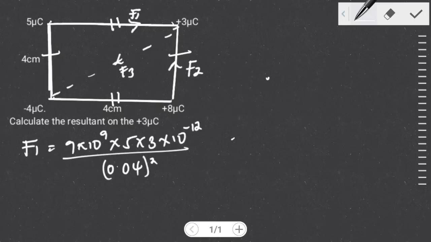So I calculate this by putting it into my calculator, and I would have 84.375 Newton. Here we are seeing that it is taking the positive x direction, and therefore this would be repulsive.